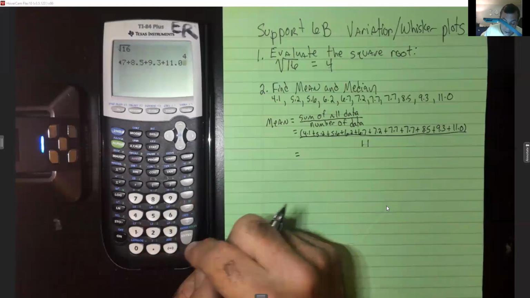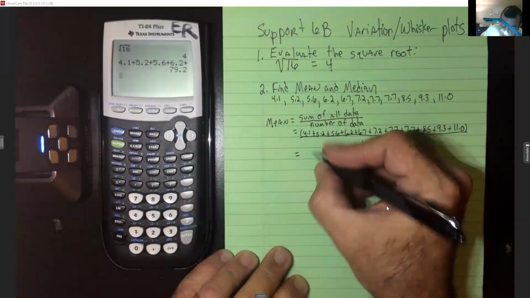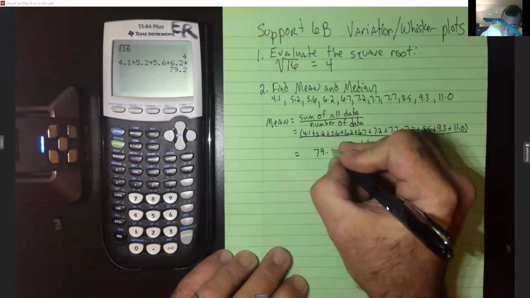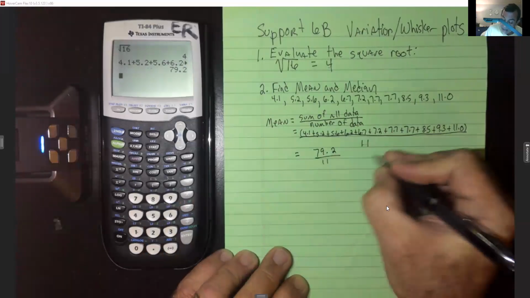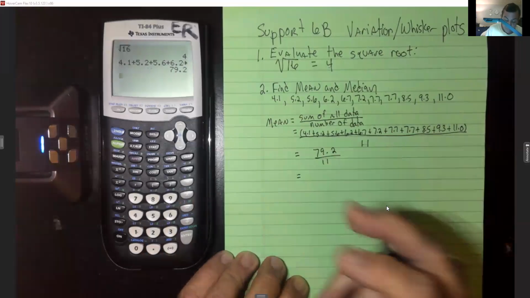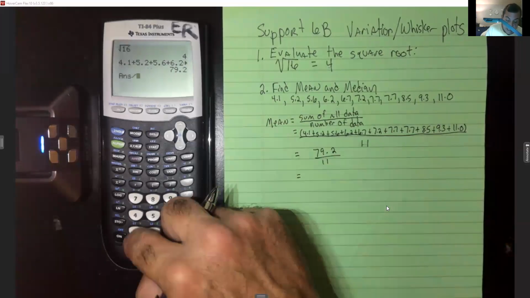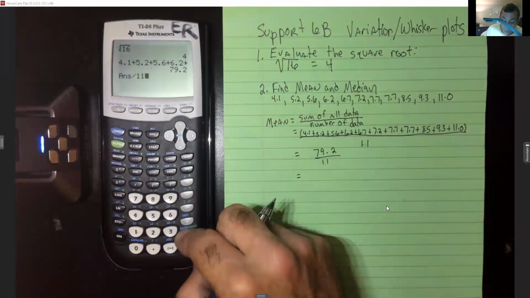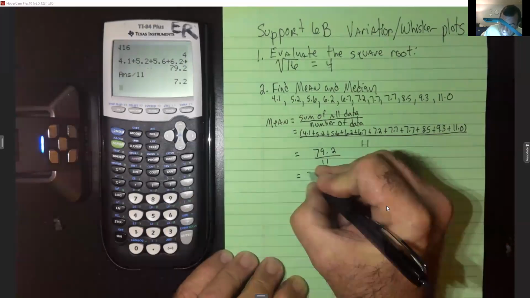All them together equaled 79.2. I'm going to take that number and divide by that 11 and see what I get. So if I divide that by 11, my mean or my average is 7.2.